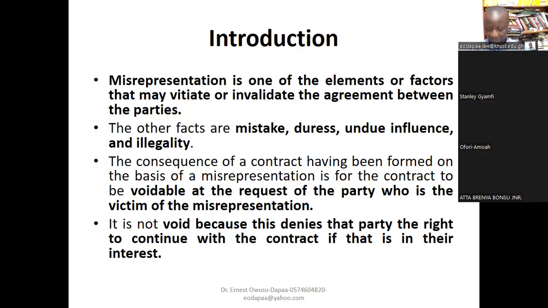So if you think that because you've discovered misrepresentation, you're uncomfortable with the contract and you would like to be released from the contract, then the law allows you to get a release because of the misrepresentation that you have discovered. And that is why we're saying that it renders the contract voidable, but not void. So let us keep that in mind.